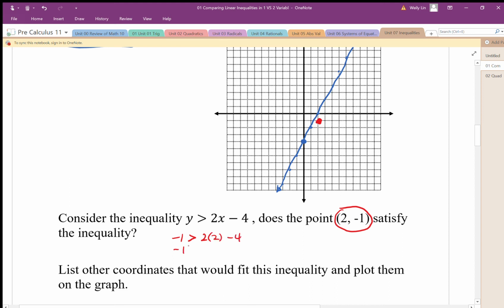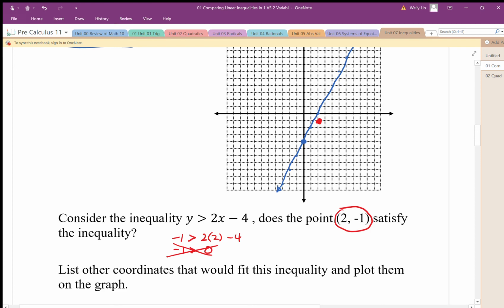So I get -1 is greater than 0. That's not true. So this point is not part of the solution. It does not satisfy this two-variable inequality. This two-dimensional xy coordinate does not fit this inequality.